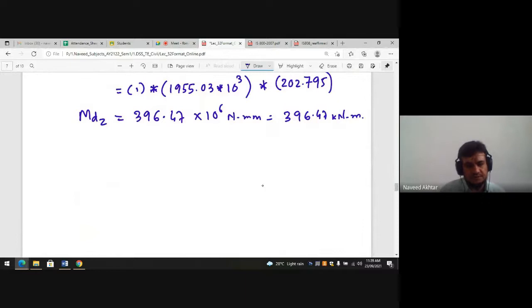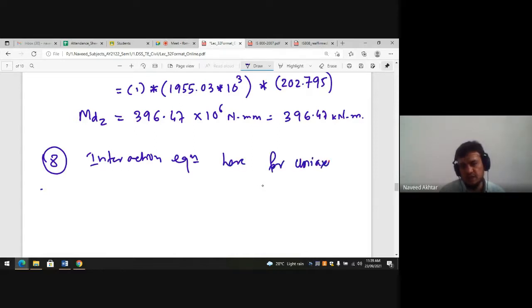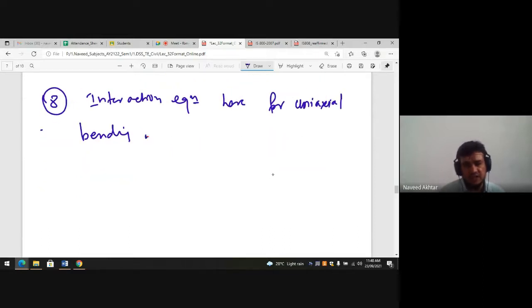We will find out the interaction equation. Here, for uniaxial bending, only major axis, bending about major axis only, therefore my term will be 0.